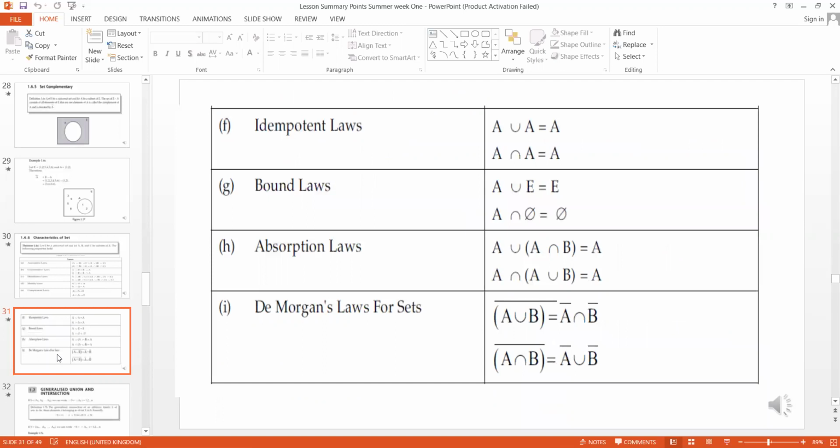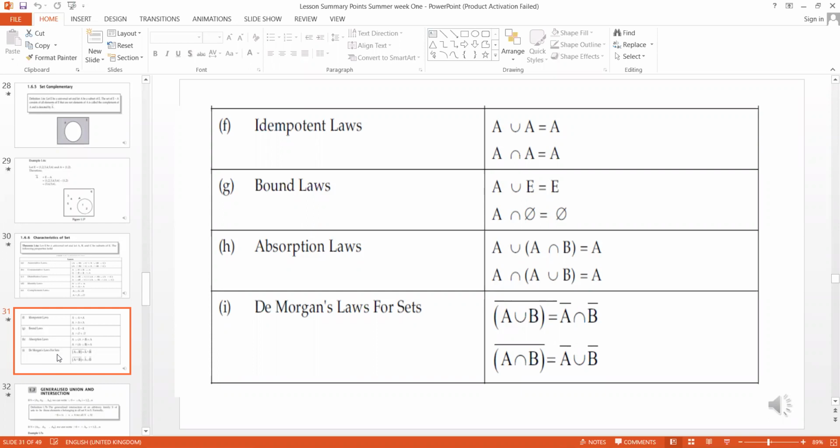These laws are very, very important, especially when we go to digital electronics, where you need to operate Boolean functions into minimum and maximum forms for implementation. If we need to reduce a very long expression, especially when we're using Boolean functions or even Karnaugh maps, at times you have to use these operations to reduce to the minimum forms.